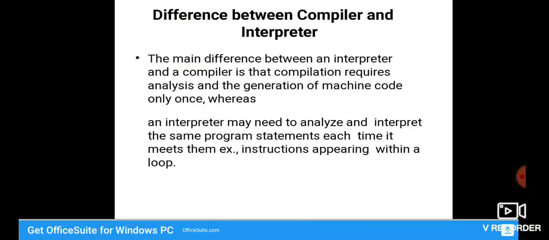So it will compile the whole program and then give you the error reporting, if there is any, only once. Whereas an interpreter may need to analyze and interpret the same program statements each time it meets them. That means it does it line by line, one by one. Once the error is removed, then it goes to the next line. For example, instructions appearing within a loop.